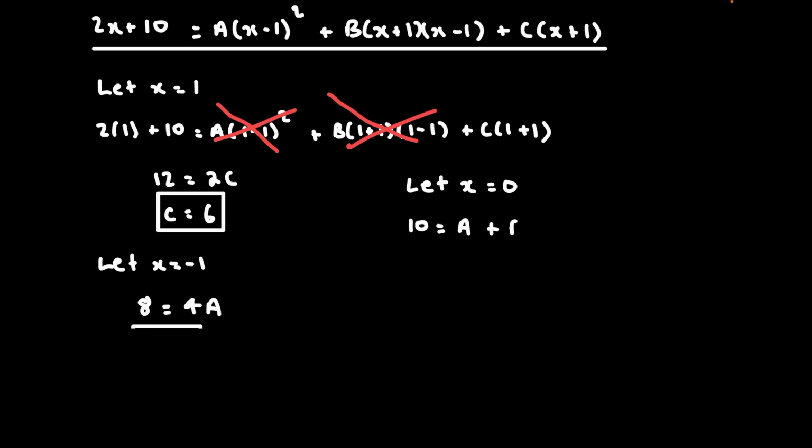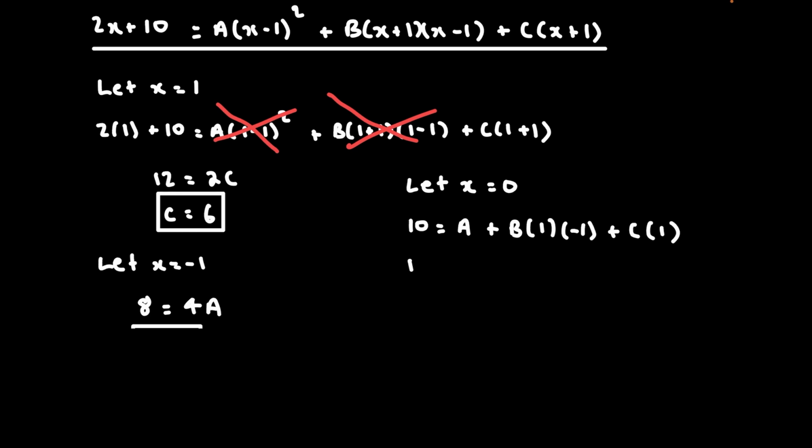Plus b times 1 plus 1, which is just b times 2. Sorry, not b times 1 plus 1. We're saying b is equal to 0. So x is equal to 0. So that means it's 0 plus 1, which means it's 1, times 0 take 1, which we know is just minus 1, plus c times 0 plus 1, which is just 1.